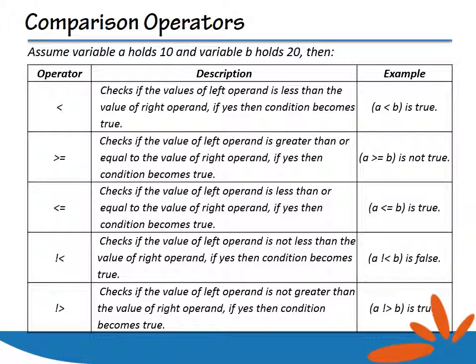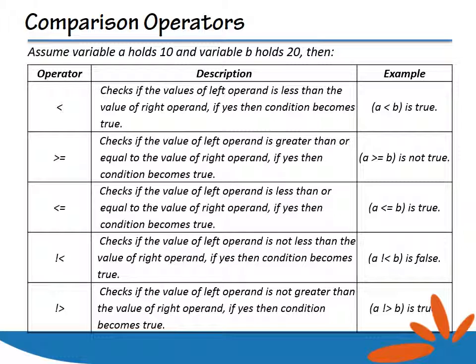The next one is greater than or equal, which checks if the value of the left operand is greater than or equal to the value of the right-hand operand. If yes, then the condition becomes true, and the opposite is the less than or equal.